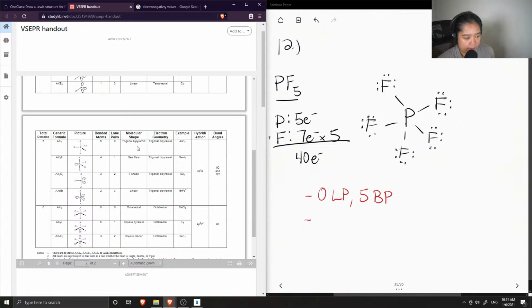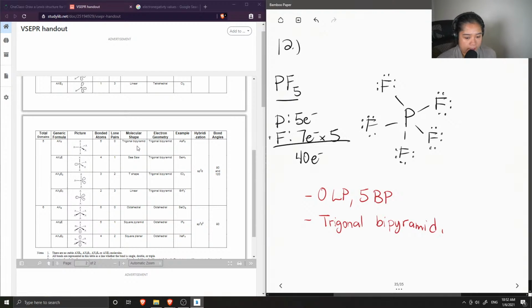This gives us a molecular shape that is trigonal bipyramid or bipyramidal. Its hybridization is sp3d. And for the bond angles, it's 90 degrees. So this is the smallest bond angle.